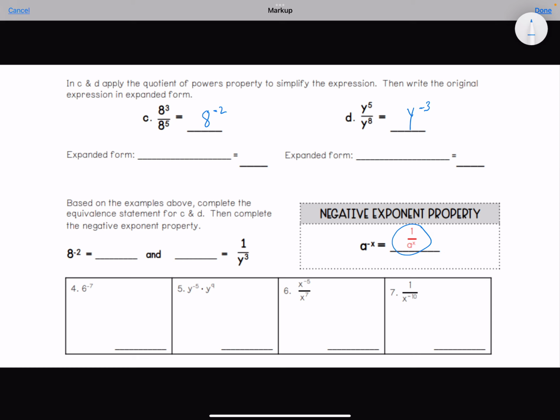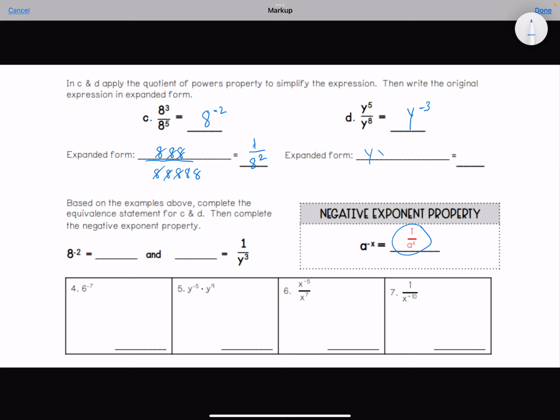You flip it to the bottom. So basically this would be 8 times 8 times 8 over 8 times 8 times 8 times 8 times 8. Cancel out my 8s. So I'm left with 1 over 8 squared.